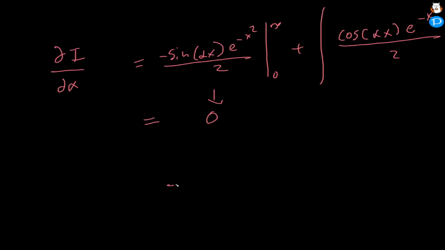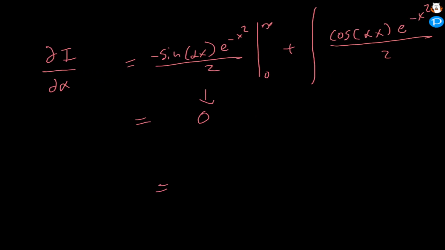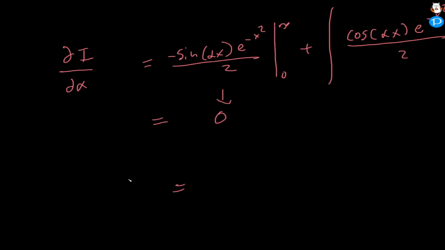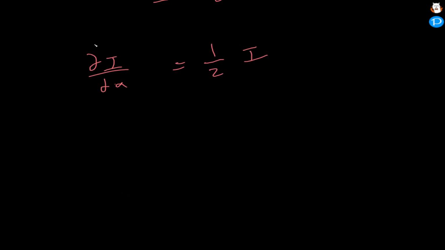And then we will make a nice little observation that this integral here is actually just 1/2 of the integral that we started with before differentiating it with respect to that variable. So we'll just say it is equal to 1/2 I. And so we'll just divide by I and multiply the differential at the bottom here. And so we'll say dI over I is equal to this part here.